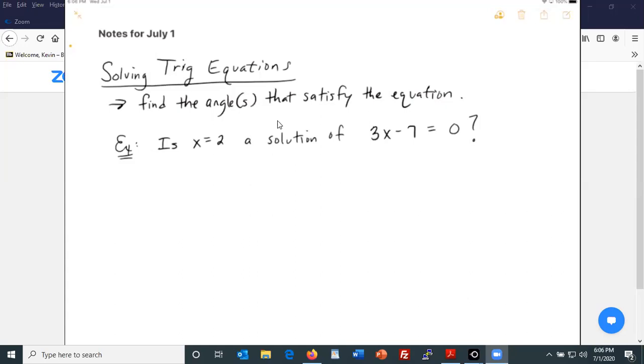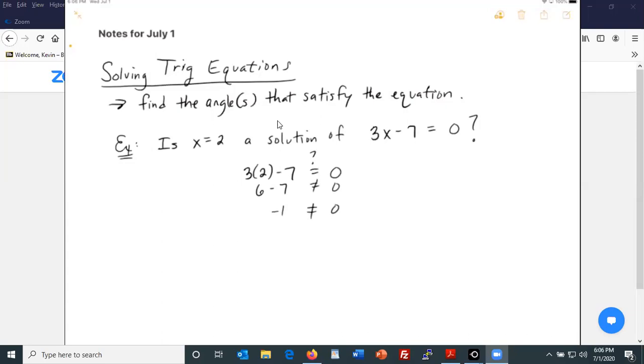So what do you do after you solve a problem? You go back to the beginning, you plug in your number and see if it works. So we will do 3 times 2 minus 7. We want to know, does that equal 0? Well, I get 6 minus 7. Let's put a question mark over the equal sign. 6 minus 7, of course, does not equal 0 because that's -1.